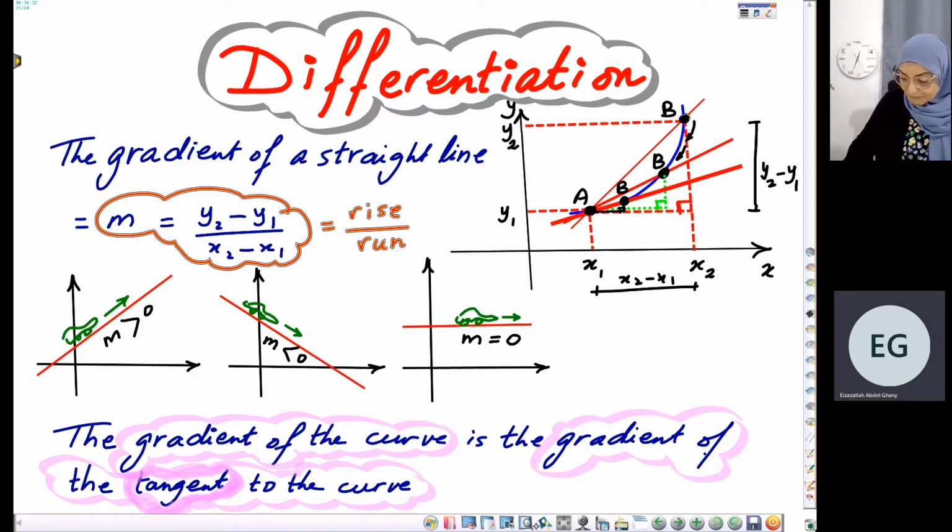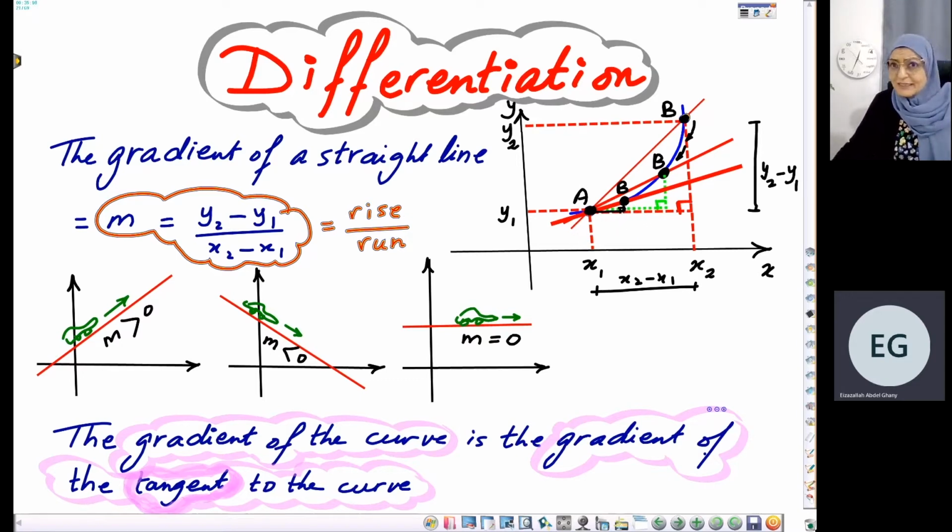This point B started to approach point A. When it came here, the vertical distance is decreasing and the horizontal distance too. Then point B approached point A more and more. This big red triangle became the green dotted triangle, and then it became this black tiny triangle.